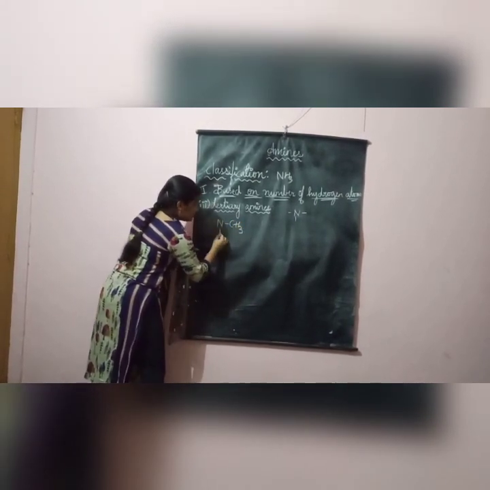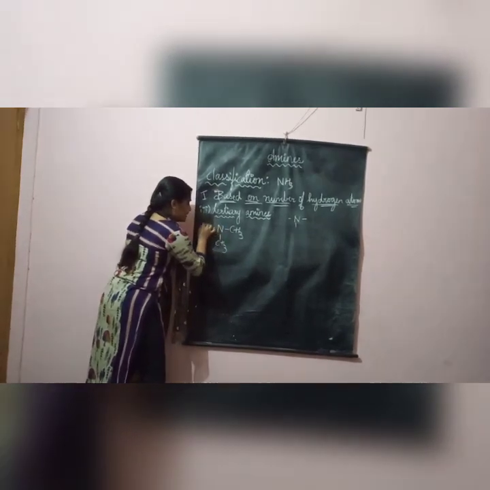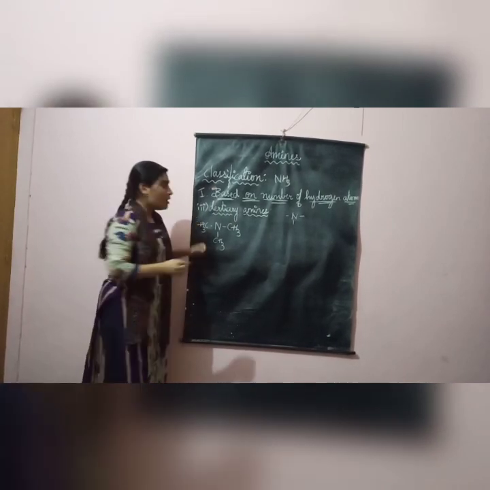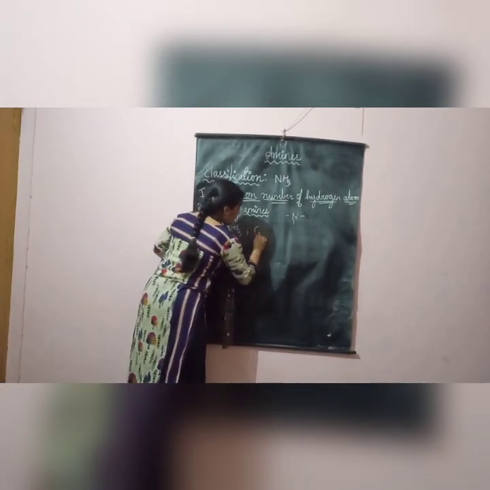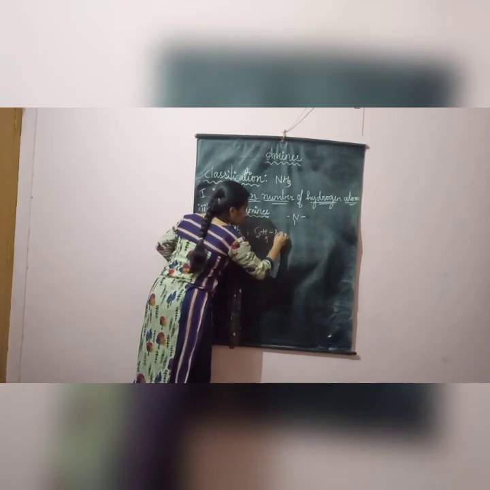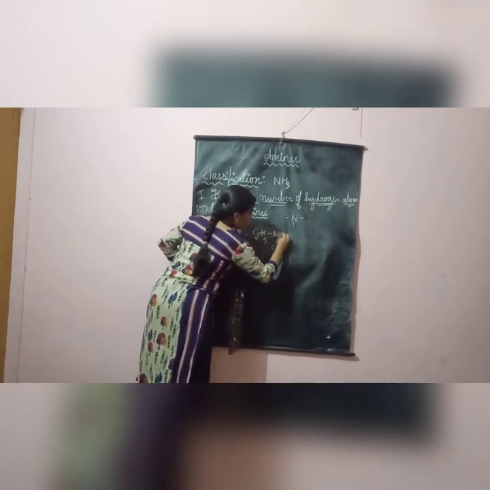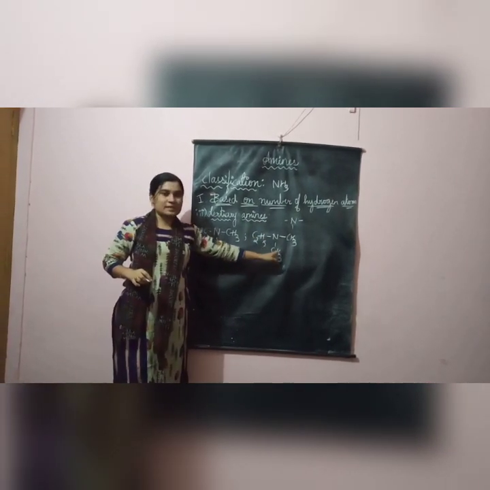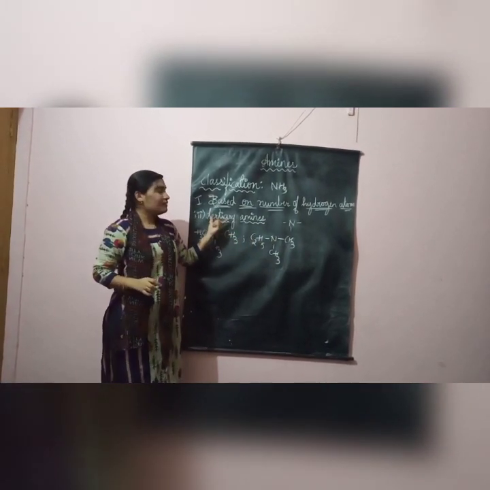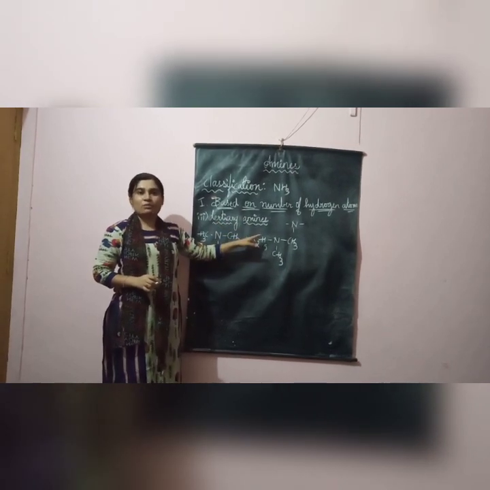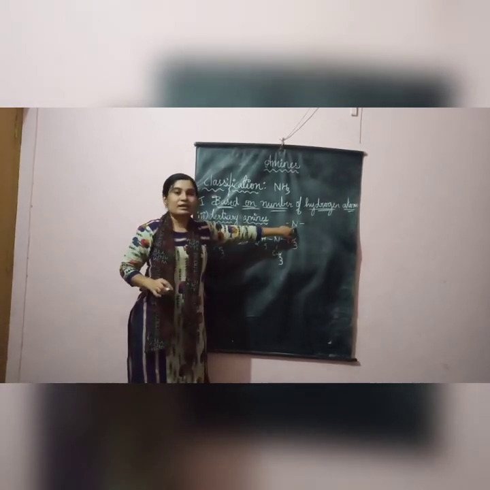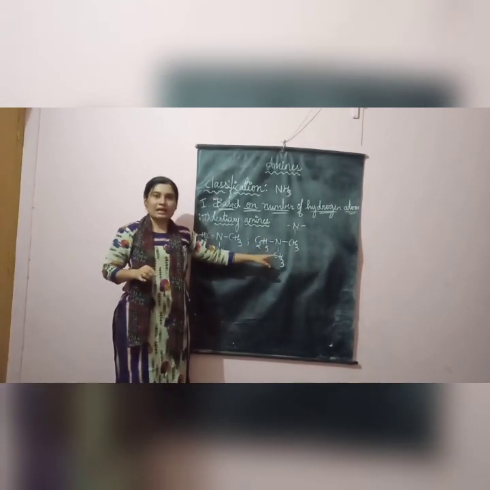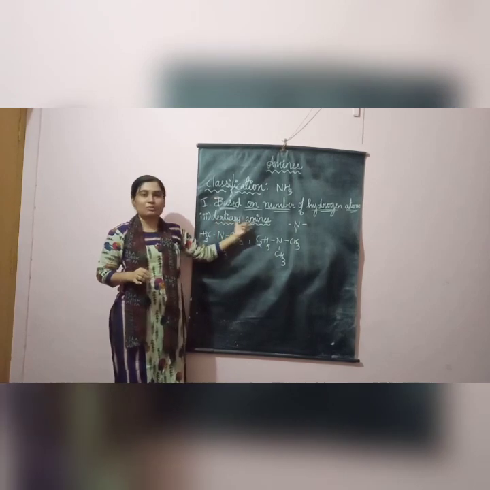I can fill all these three empty spaces with the same functional group, or I can do it in this manner. All the functional groups taken: C2H5, CH3, CH3, N. So whenever they ask you to find tertiary amine, what will you be looking for? You will be finding only N. If you find only N and all the empty spaces filled by either alkyl or aryl groups, then I will be calling it to be what?